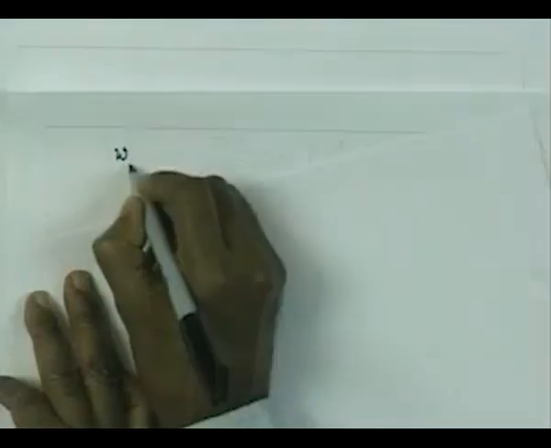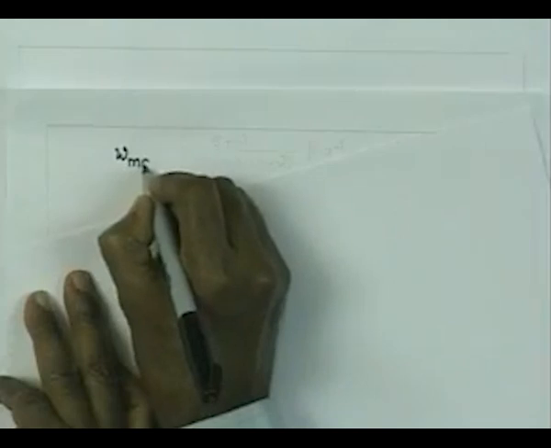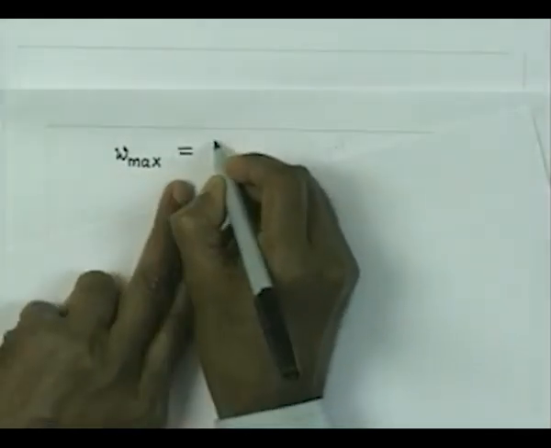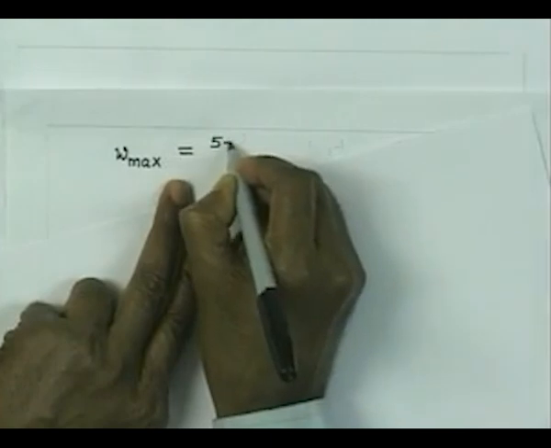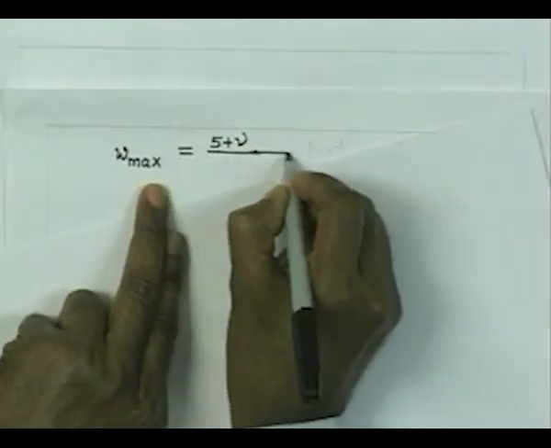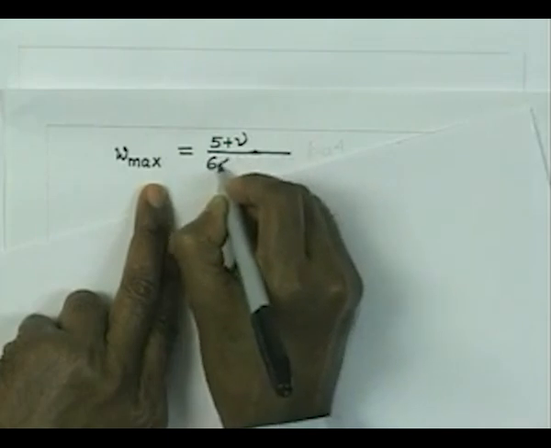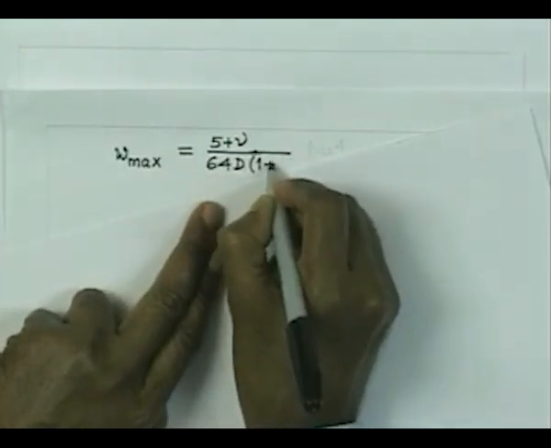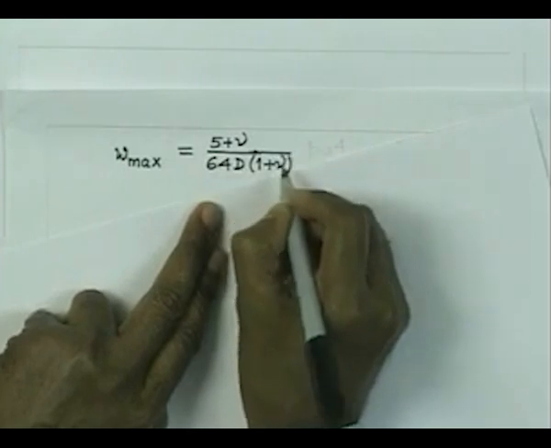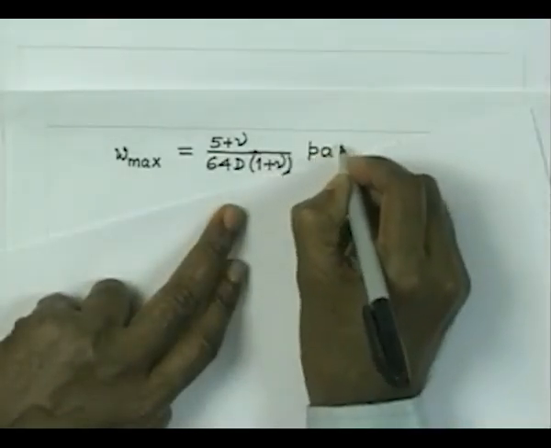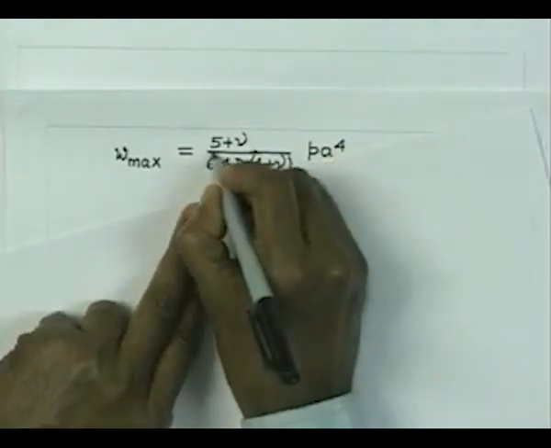So, W maximum is equal to 5 plus nu by 64 D, 1 plus nu, p a raised to the power 4.